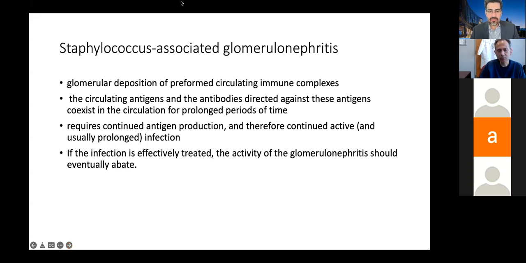Those patients mostly present with increased creatinine, and many of them have more proteinuria, like nephrotic range proteinuria. And because this is an active infection, this GN happens when the infection is there.